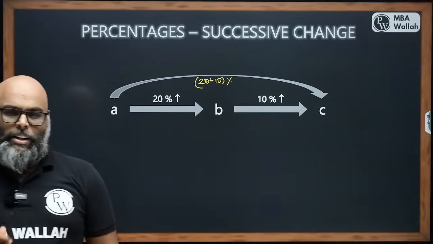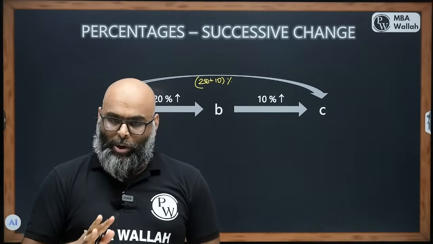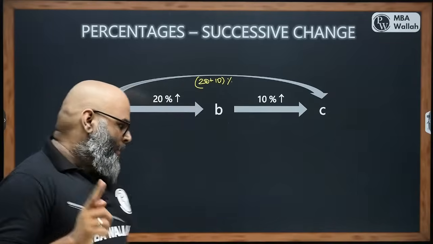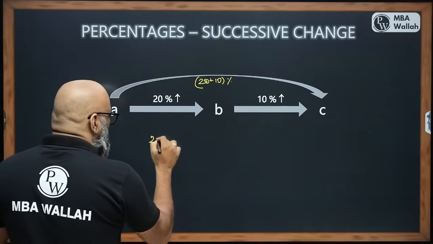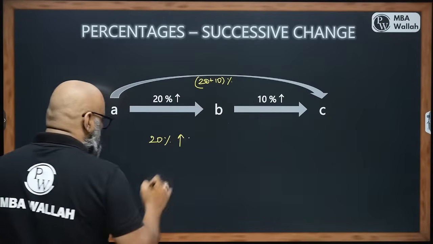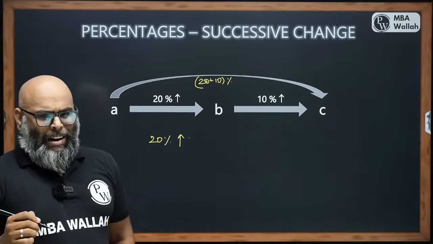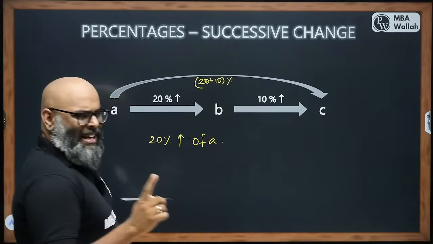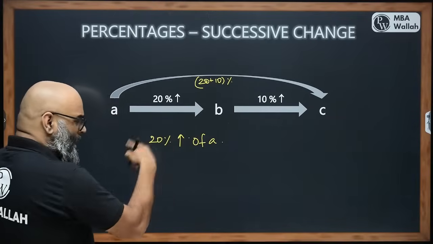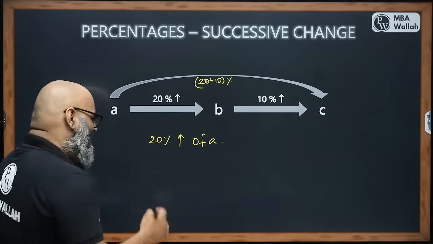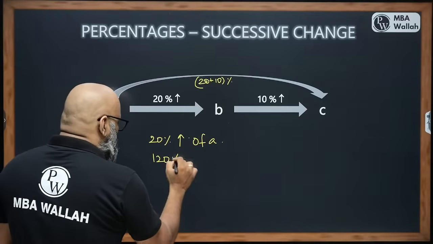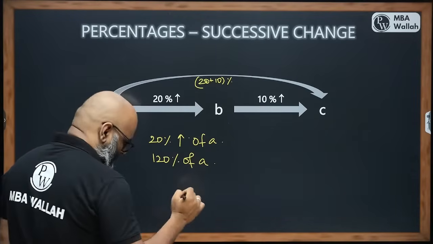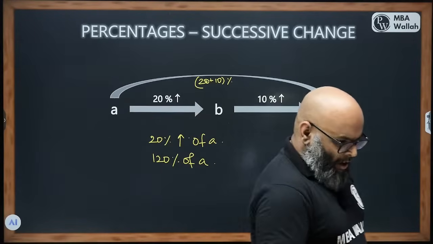So understand this, there are a couple of things that you need to know. Okay. Now if I say there is a 20% increase of A, can I write this as 120% of A? Would I be wrong if I say this?